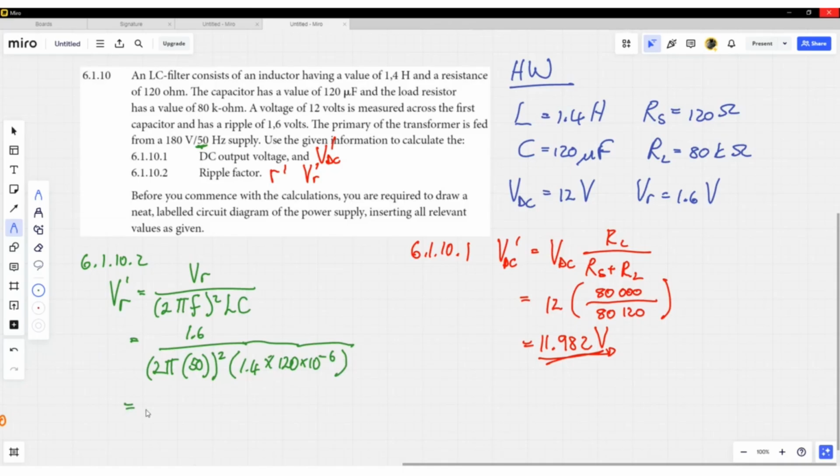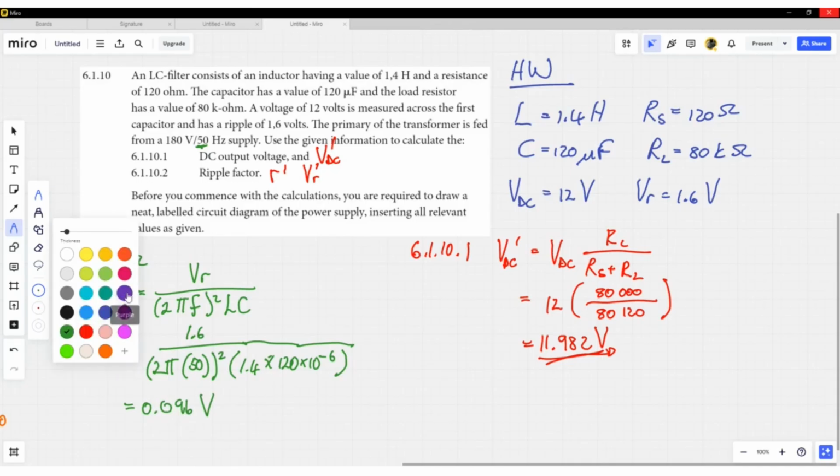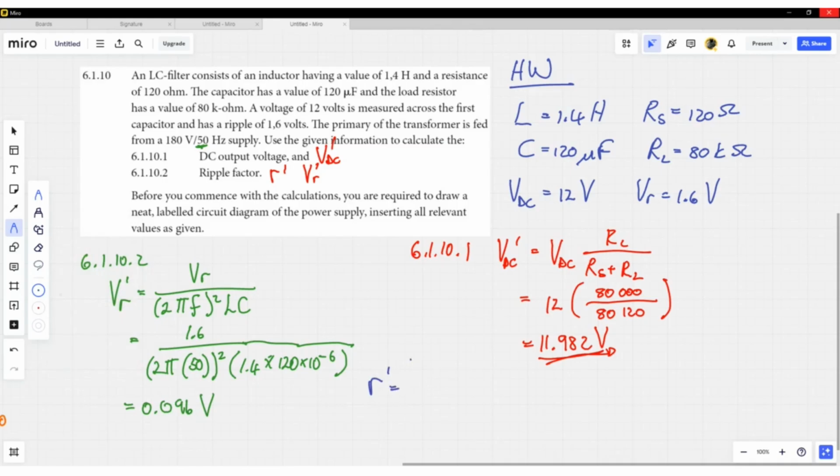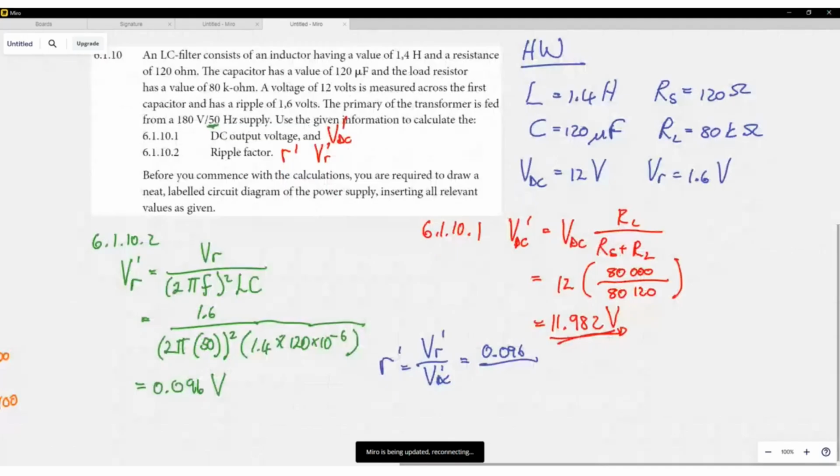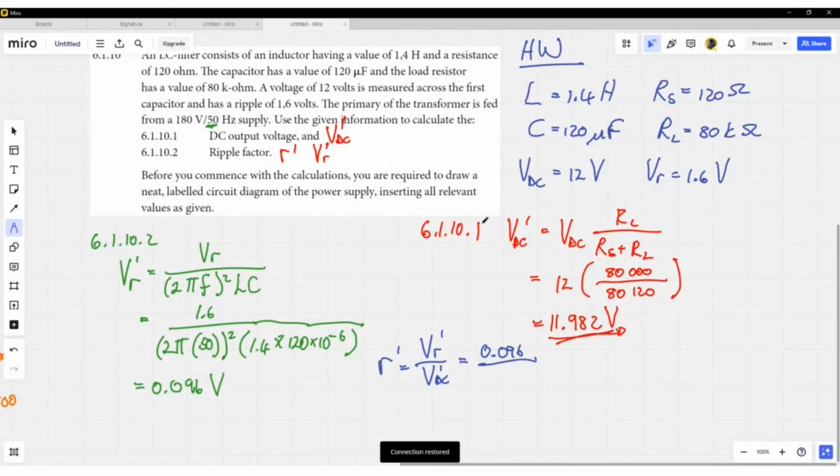That should give you a ripple voltage in this case of 0.0964 volts. Right, so your new ripple factor now is going to be 0.096 divided by 11.982.